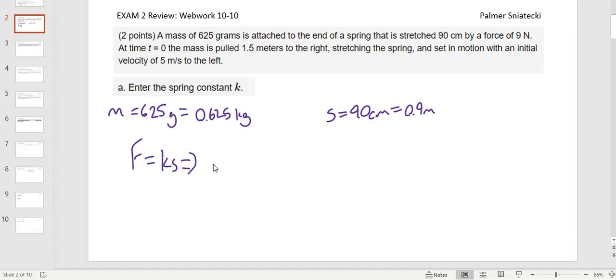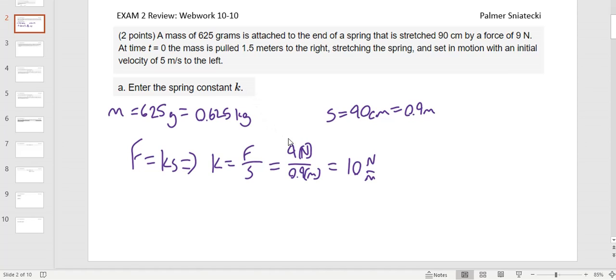So if we rearrange that, K is going to be equal to force divided by the distance. We know both those numbers. So we've got 9 newtons divided by 0.9 meters. And if we divide 9 by 0.9, you're going to get 10 newtons per meter, which is our K.